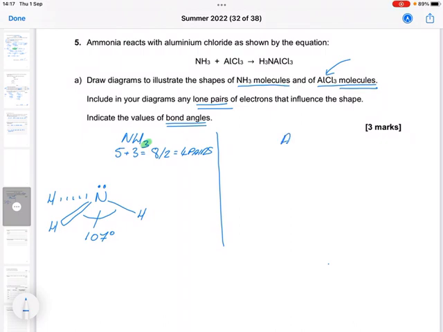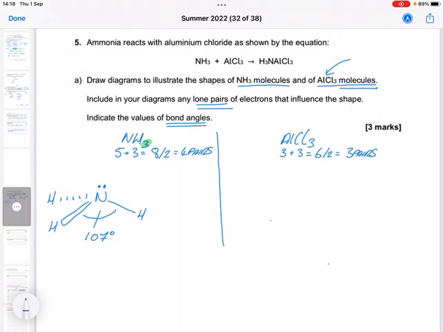So with aluminium chloride, same thing as what we've just done. So aluminium is in group 3, so it has 3 electrons in its outer shell. Chlorine has 1 electron that it uses for covalent bonds, and there are 3 of them, which means in the outer shell of aluminium there will be 6 electrons as 3 pairs.